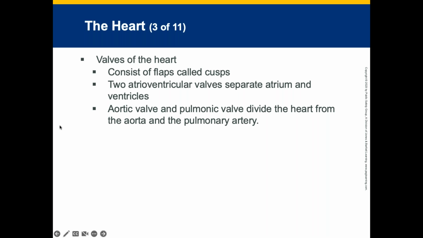So we have 4 valves, not the 4 chambers. There are 4 different valves of the heart. It consists of flaps called cusps. There are 2 atrioventricular valves that separate the atria and ventricles, and the aortic and pulmonic valves divide the heart from the aorta and the pulmonary artery.